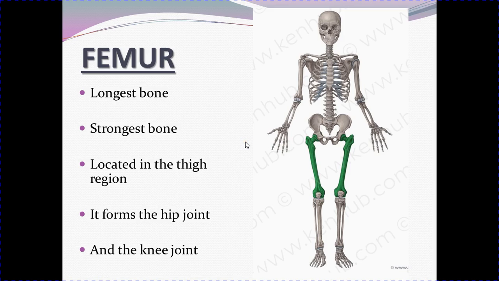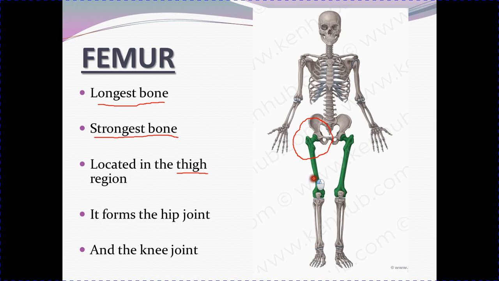The femur is the longest bone of the human skeleton. It is the strongest bone present in the human body. The femur is located in the thigh region and forms two important joints. The femur articulates with the hip bone to form the hip joint.